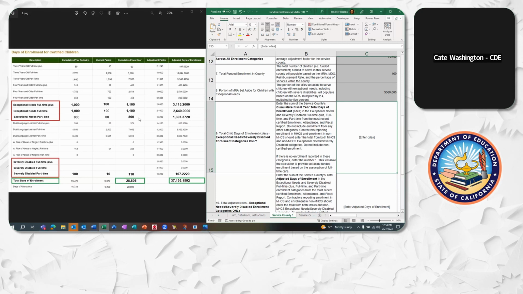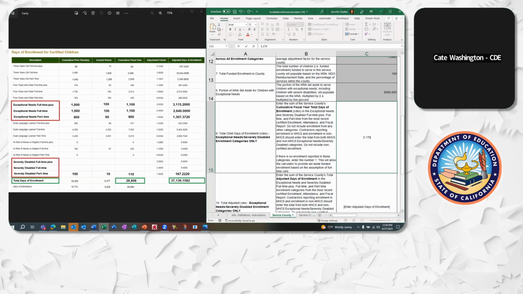In these severely disabled categories, they're reporting 110 part-time days of enrollment. Adding those numbers together gets us a total of 3,170. That is the unadjusted days of enrollment associated only with the exceptional needs and severely disabled categories.